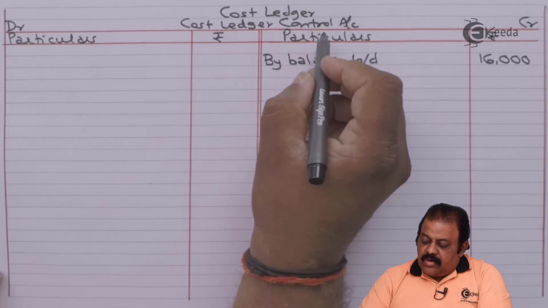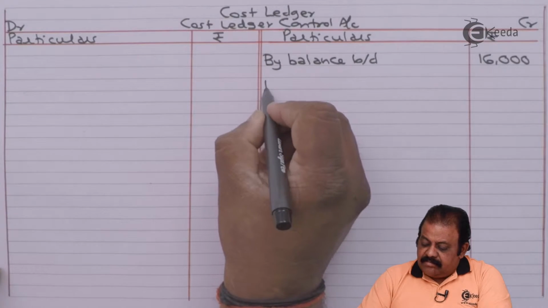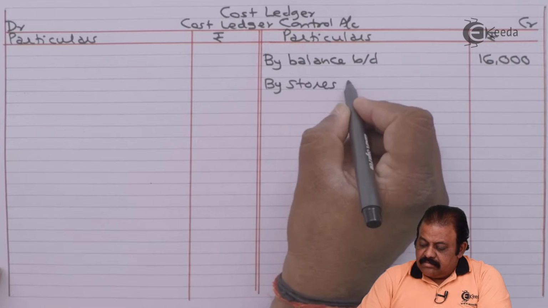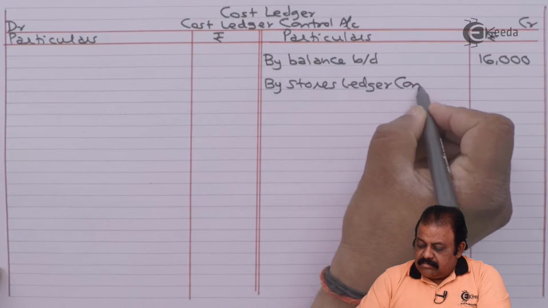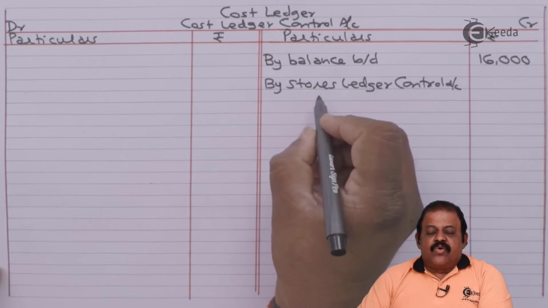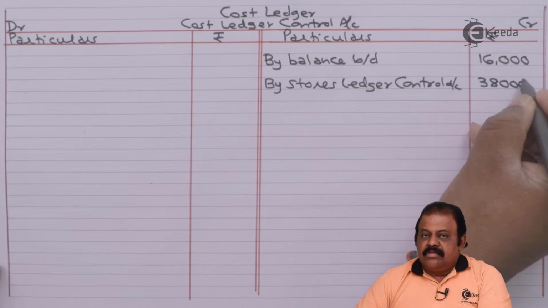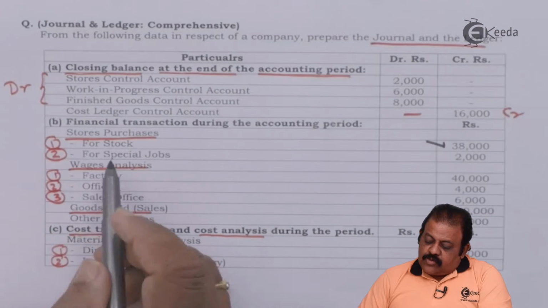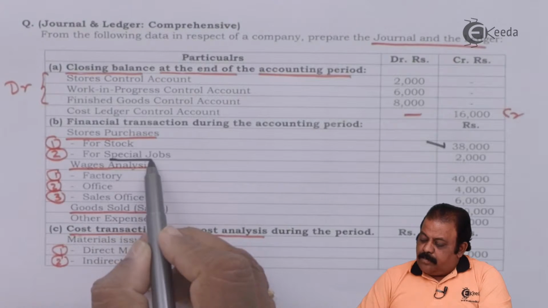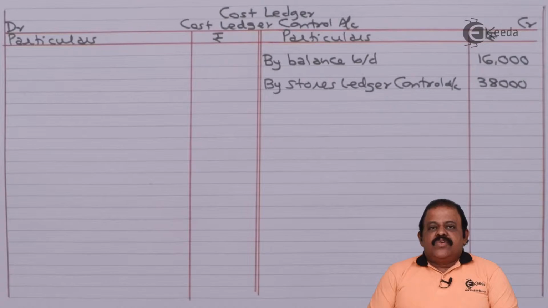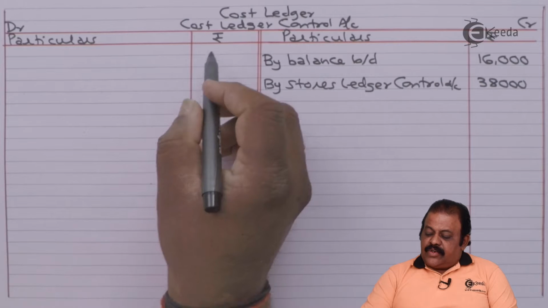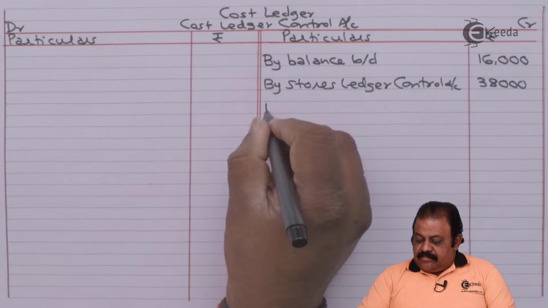In cost ledger control account on the credit side, by stores ledger control account 38,000. Store purchases for special jobs 2,000 will be debited to work in progress and credited to cost ledger control account.